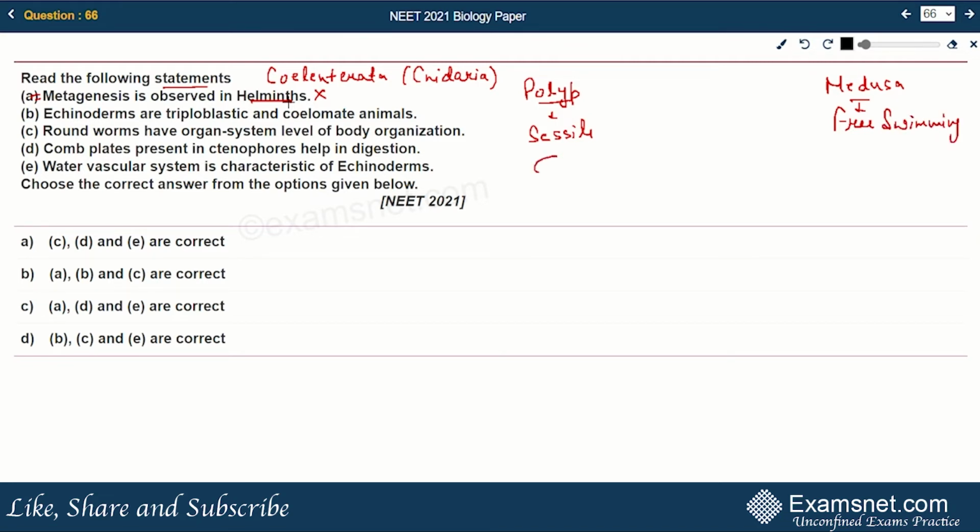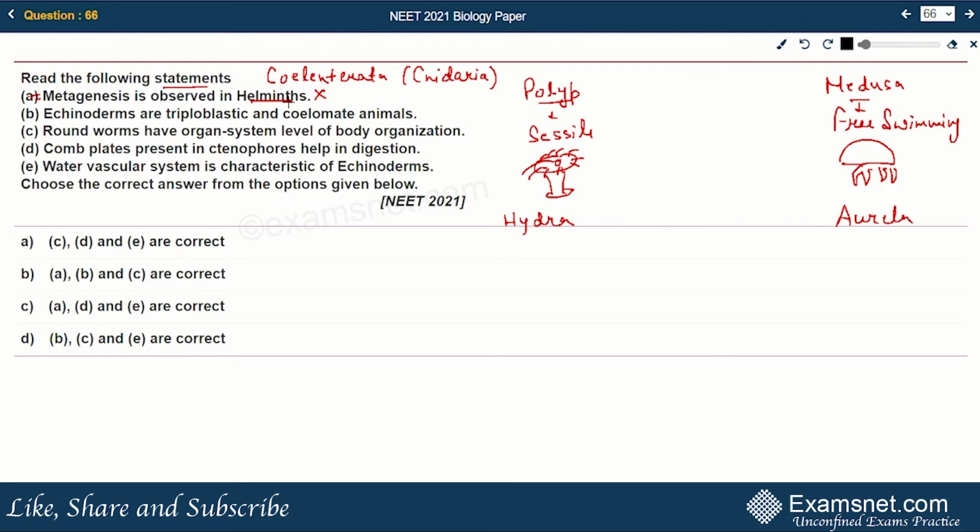For example, polyps are cylindrical organisms. So they look something like this. Whereas medusa are umbrella shaped. Okay. Like this. And the examples of polyp include hydra, adamsia, etc. Whereas medusa include aurelia or jellyfish.